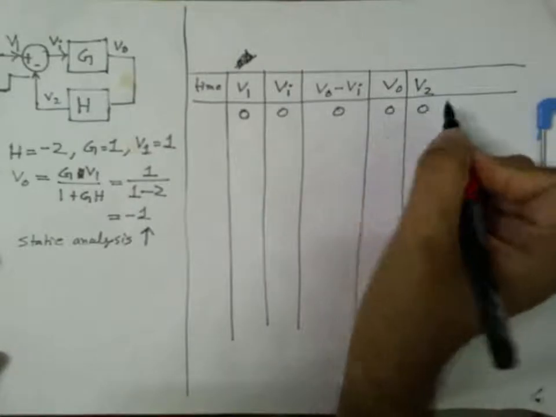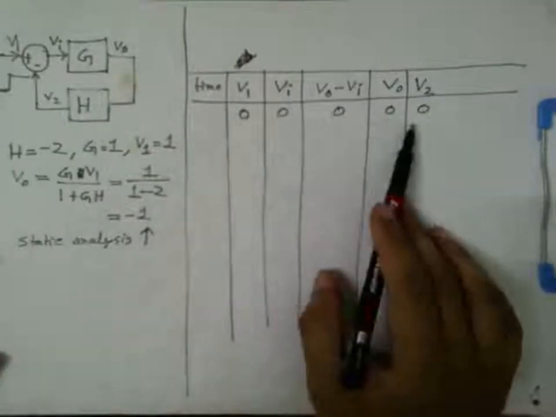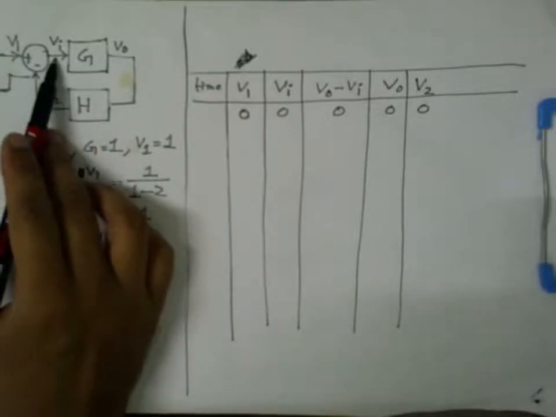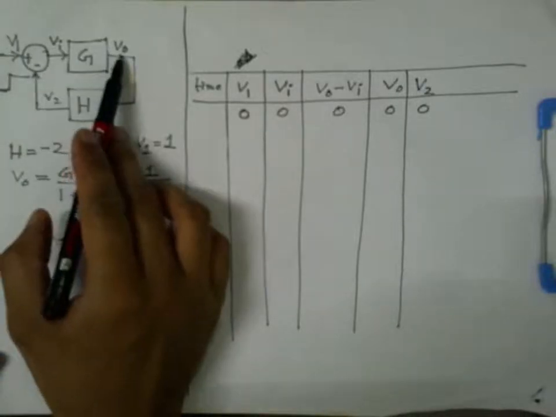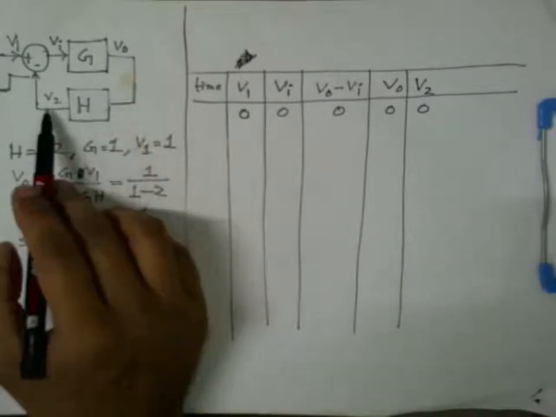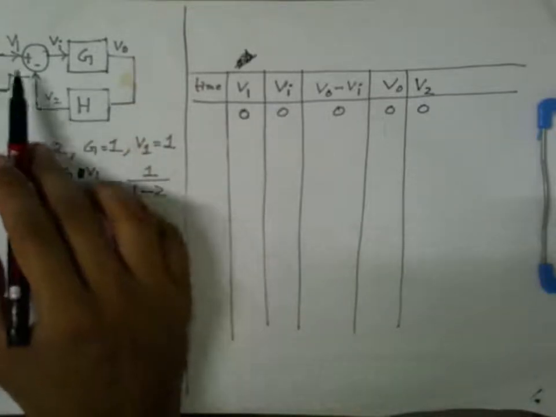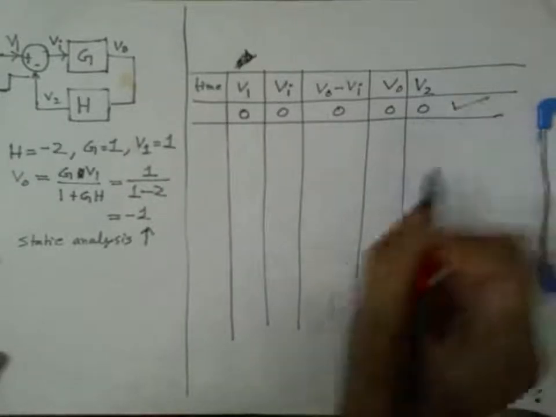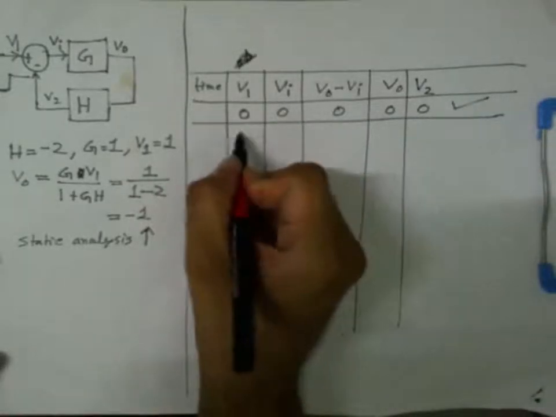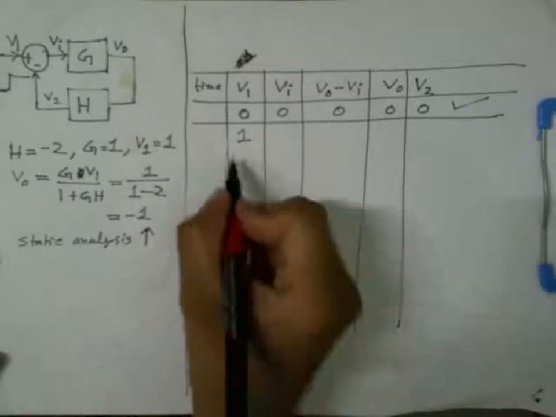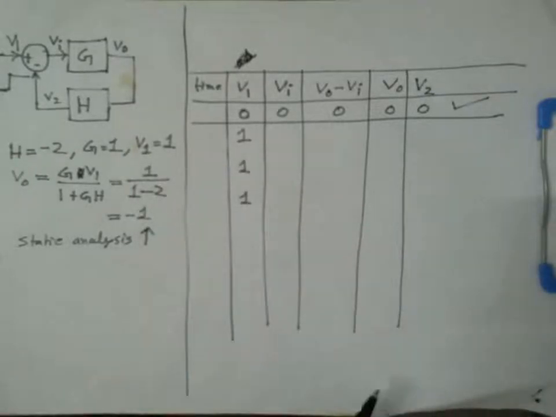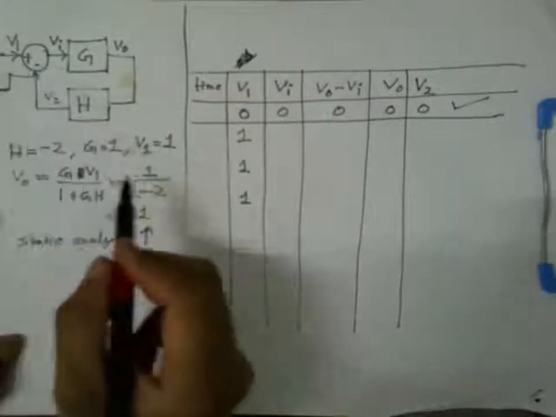So you see that this is a self-consistent situation. This is 0, this is 0, their difference is 0, that multiplied by 1 is 0, that multiplied by minus 2 is 0. So everything is 0. No problem. After that, V1 becomes 1, and it stays 1 always. So this is a step change.